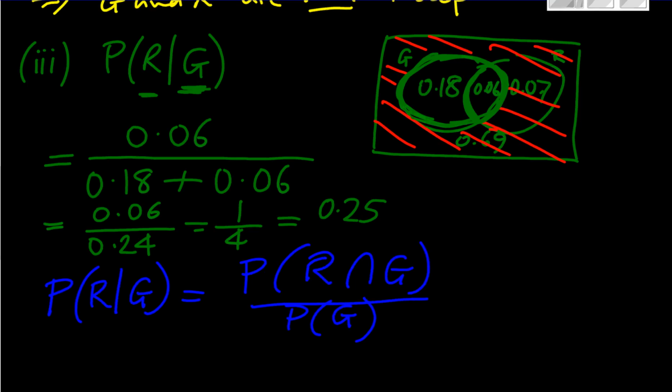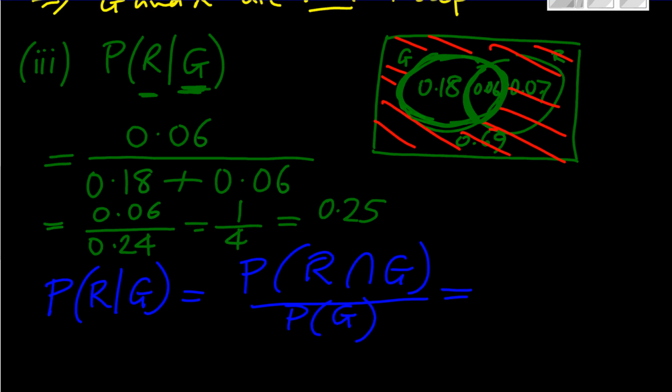So my correction here, probability of running given that you're going to the gym will equal the probability of running and going to the gym, a person goes running and goes to the gym, that's what we've got on the top, divided by the probability that they go to the gym. Okay, so it's that way round. Apologies for saying it the wrong way round just now.